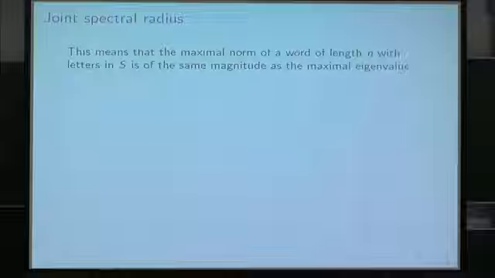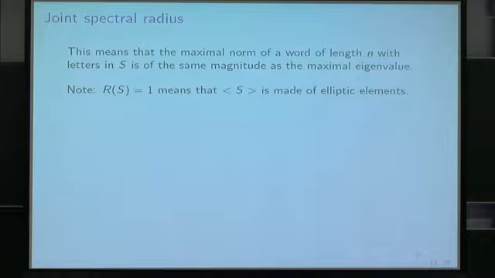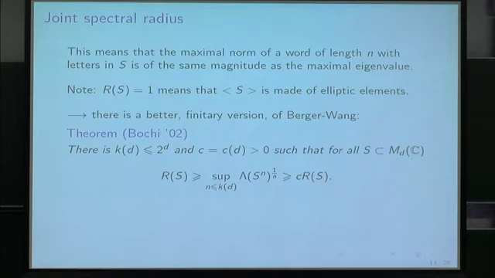And note that if you are in GL_n, then to say that R of S is equal to 1 is basically the same as to say that the group generated by S is made of elliptic elements. So it's the same as to say that you fix a point, or you are conjugated into upper triangular form with compact diagonal blocks.